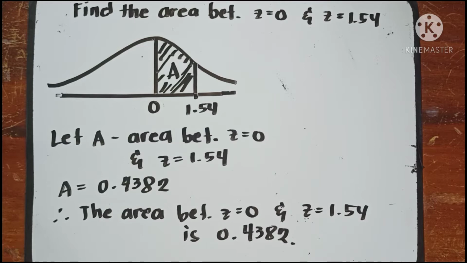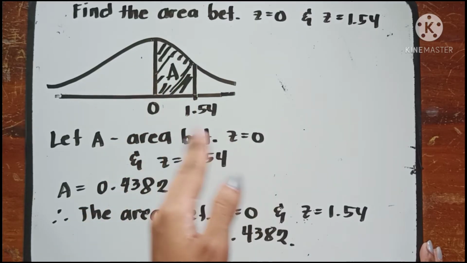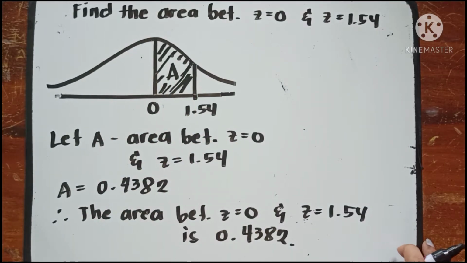Okay, so this is for number 2. So, kapag ganito ang given, kapag ganito yung naging itsura ng ating curve, wala kang kailangang isolve. Ang gagawin mo lang, hahanapin mo yung value noon sa Z-table.